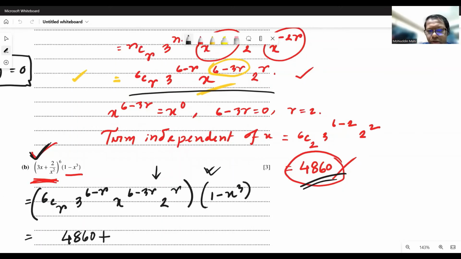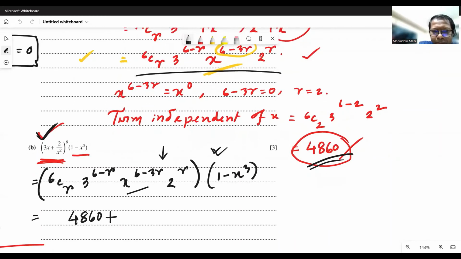That's one thing. And another thing is, if you consider the value of r as 3, in that case the power of x will be minus 3, and when you multiply this expression with x cubed, the overall result will be independent of x. Okay, so let's consider r equals 3.